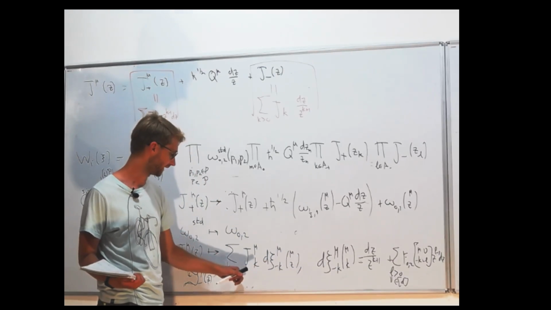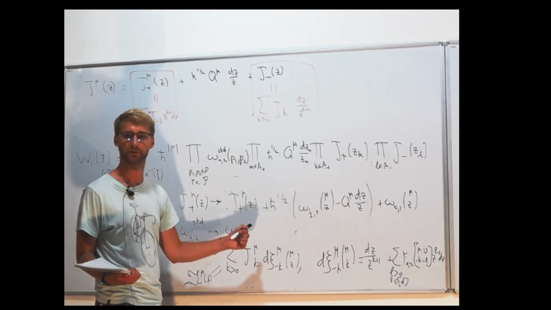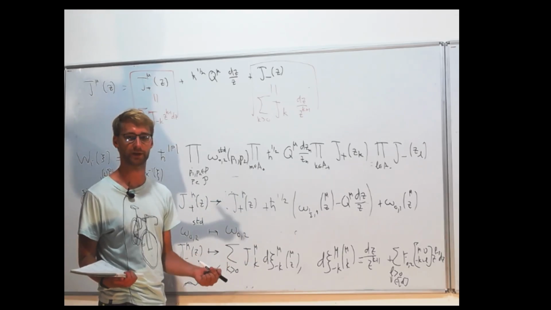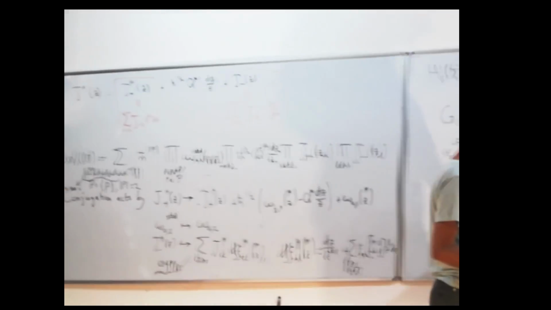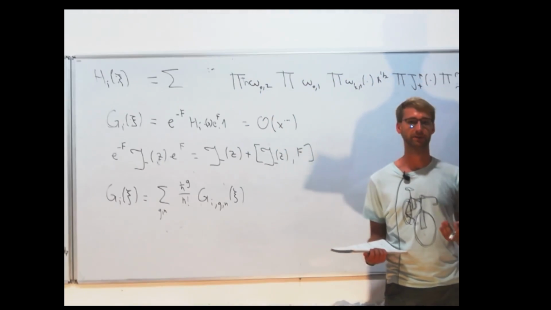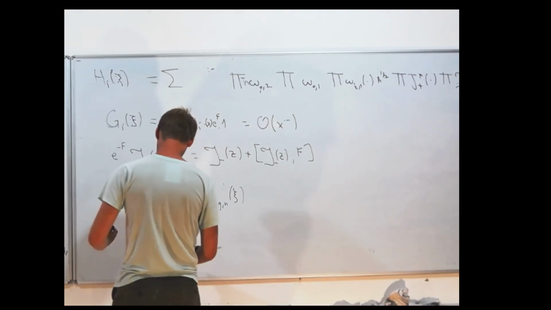So every time we act with one of these things, we turn a formal variable into an actual thing on our spectral curve. So if we have this decomposition, and we look at the degree n components, we have to do this action n times, and we get something. That's the story, at least.